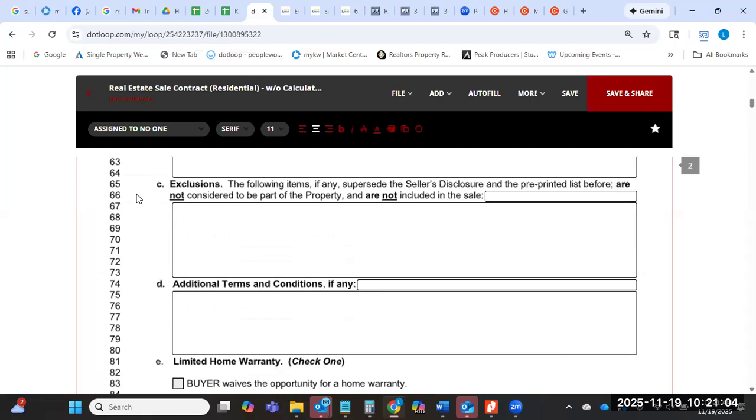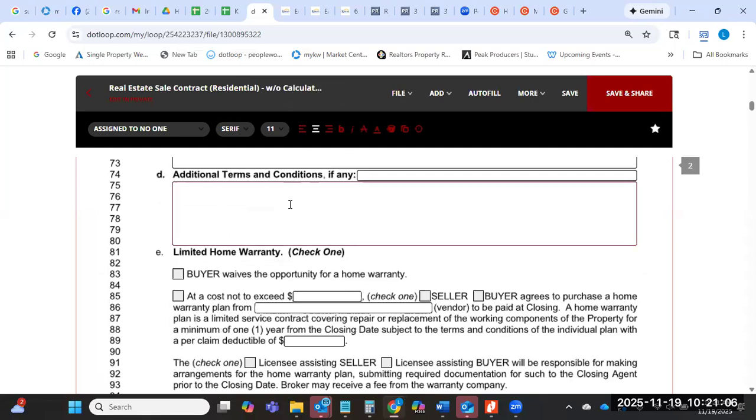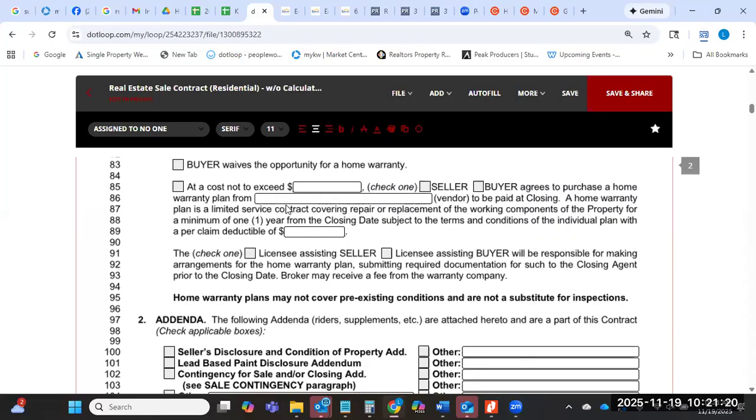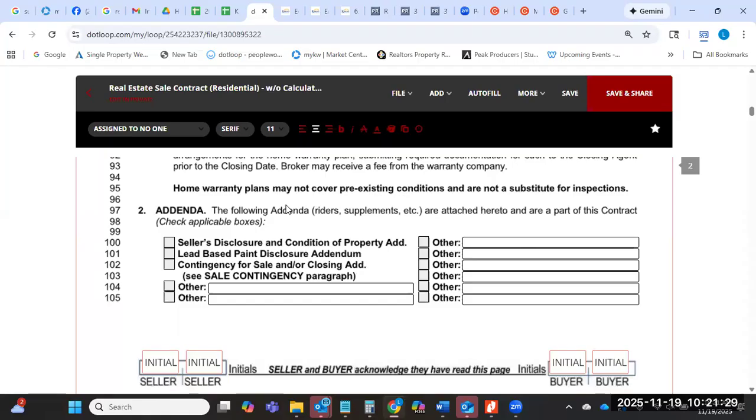So what you do have to do then is come back up to additional terms and conditions in that box and say, "Buyer and seller acknowledge there is no completed seller's disclosure associated with this transaction." That is what removes the obligations of both parties, seller mostly, from what the rest of the contract says the seller is going to be doing with that seller's disclosure.